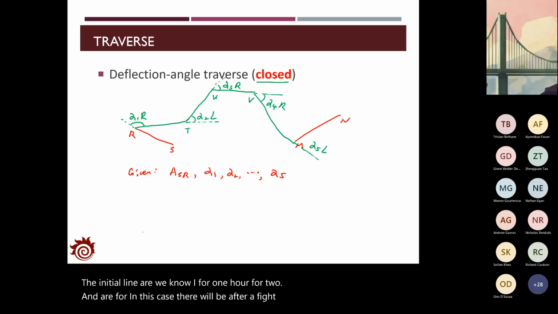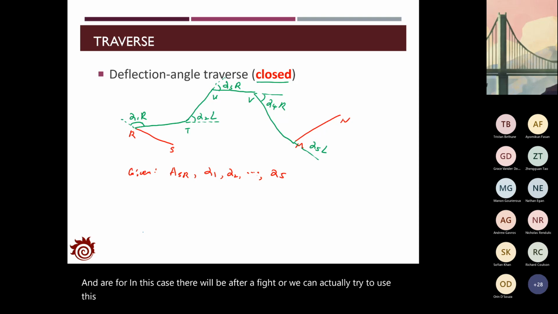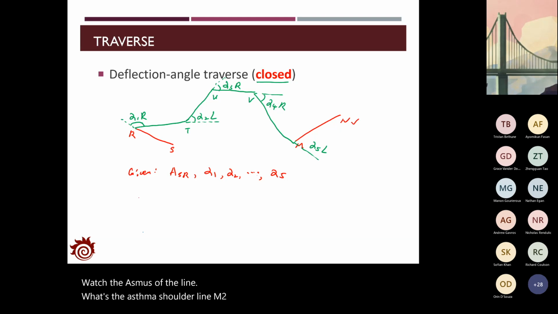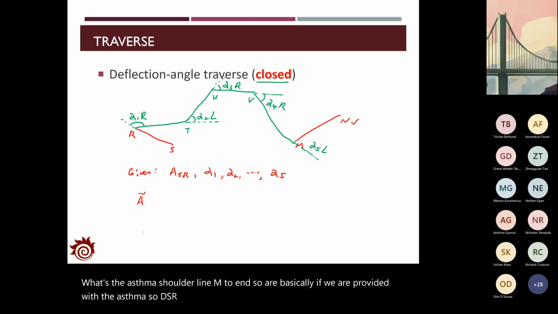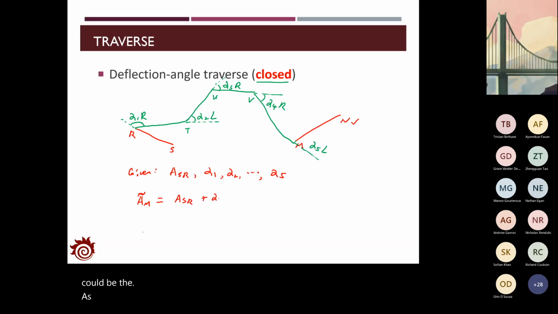We can use this information to calculate the azimuth of the line M to N. So basically, if we are provided with the azimuth of SR, then the estimated azimuth of M to N could be the azimuth of SR plus alpha 1 minus alpha 2 plus alpha 3 plus alpha 4 minus alpha 5.